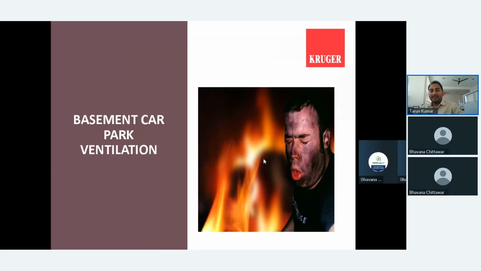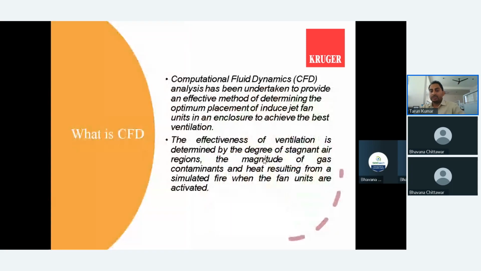Further to that, in the ventilation segment, there is the very general concept of basement ventilation. Basement ventilation is a very crucial part of any residential or commercial building, where we have to put the right fan at the right place to get all the smoke outside for comfort ventilation, so that whoever is in the parking area can walk comfortably out from the fire location.